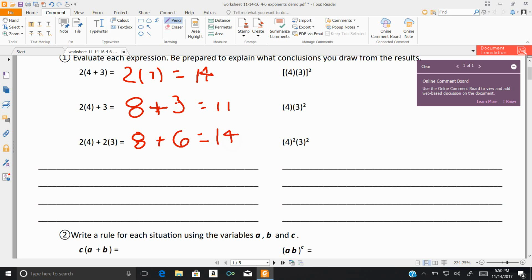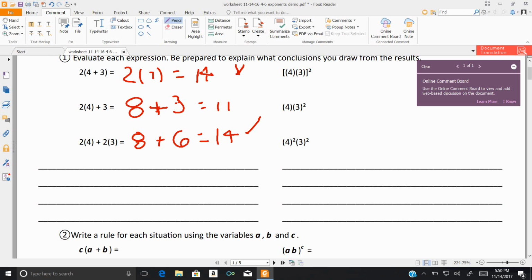What we found was that this calculation and this calculation give us the same results. So we concluded that you can add within the parentheses first and then multiply, or you can multiply by both of the numbers that are added and get the same answer.